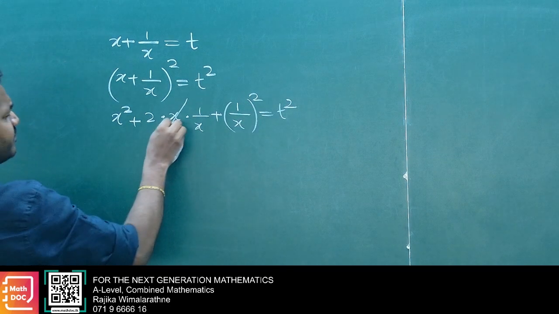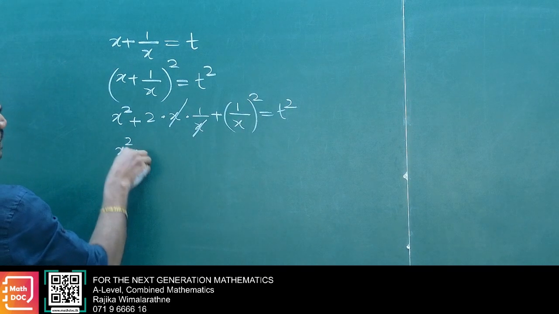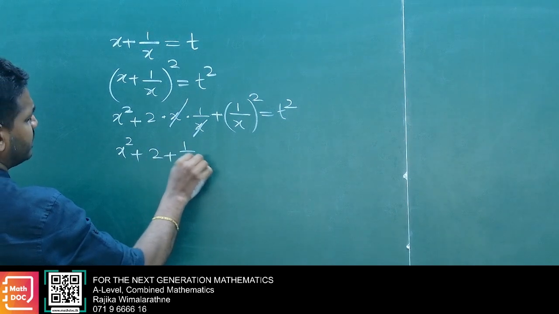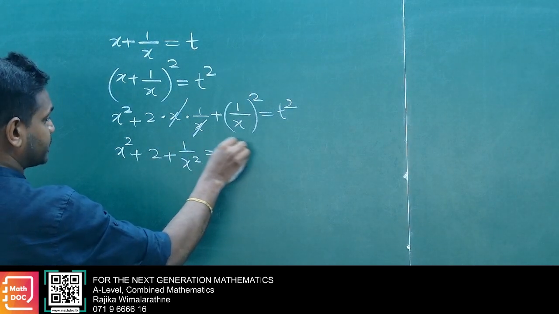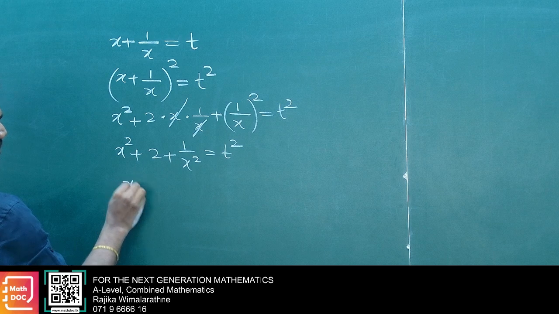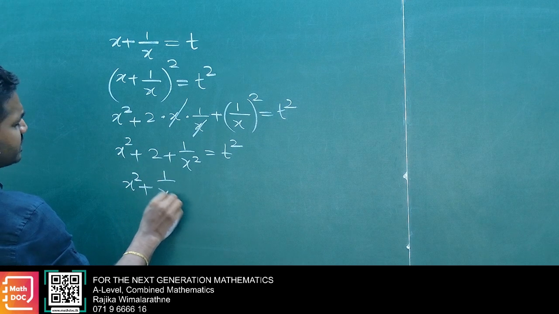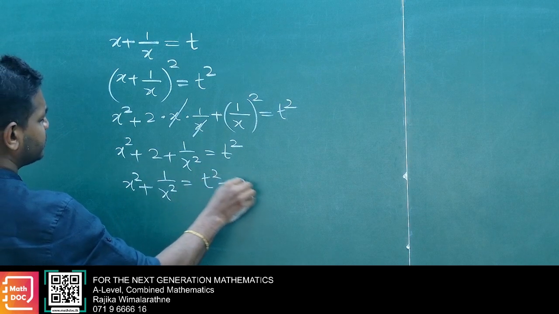Now simplify: x squared plus 2 plus 1 over x squared equals t squared. Put this to the other side.